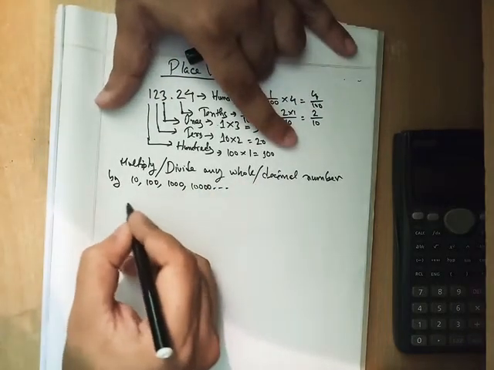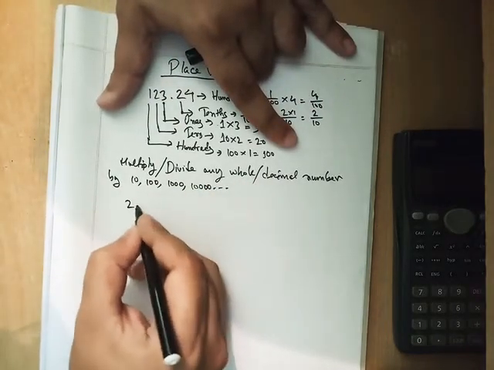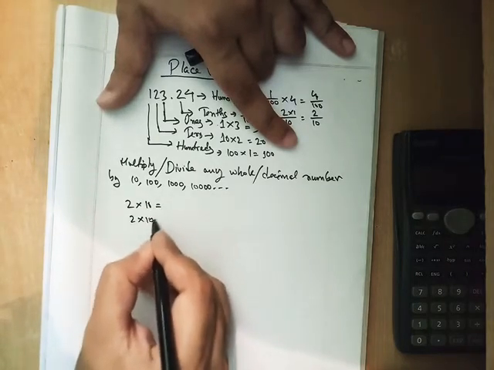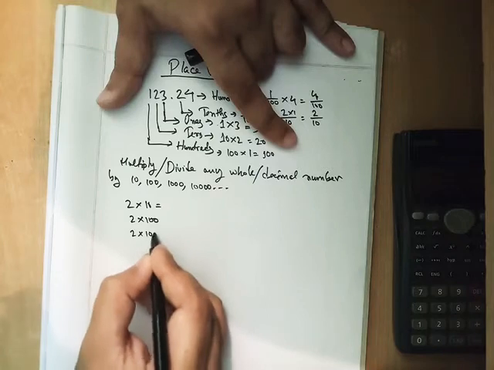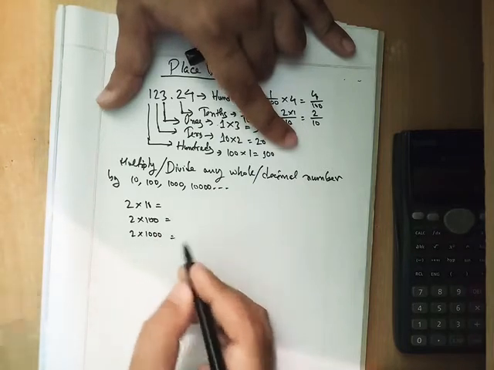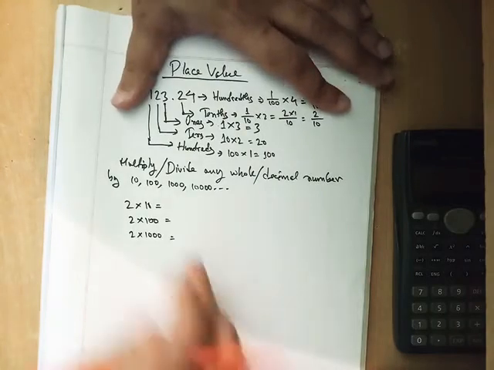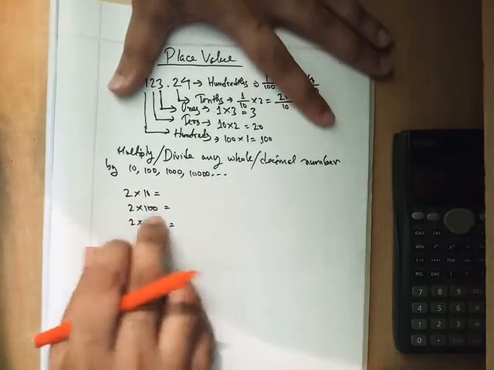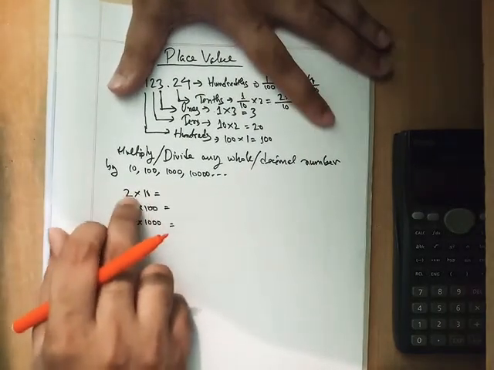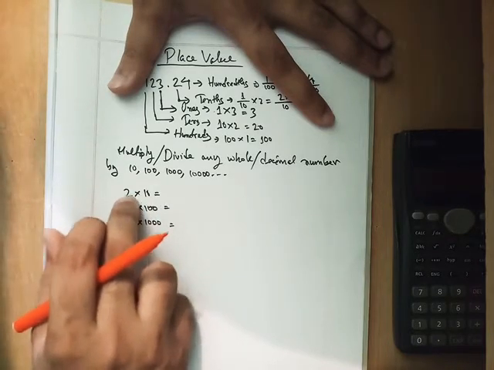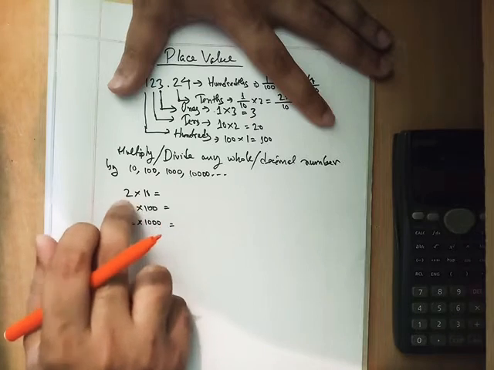Suppose we are multiplying a whole number 2 with 10, 2 with 100, or 2 with 1000, right? There is a very easy way to do it: just add the zeros at the right side of the whole number.